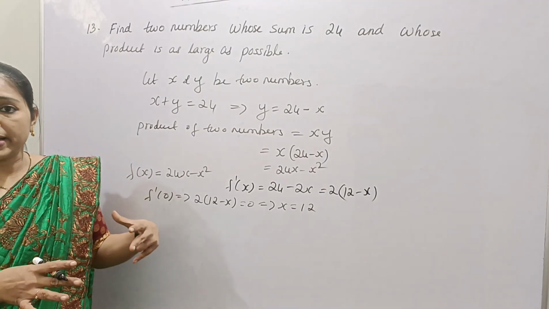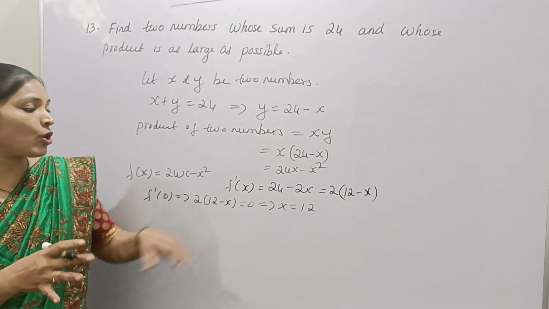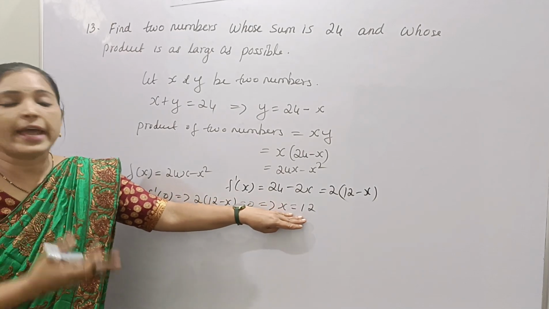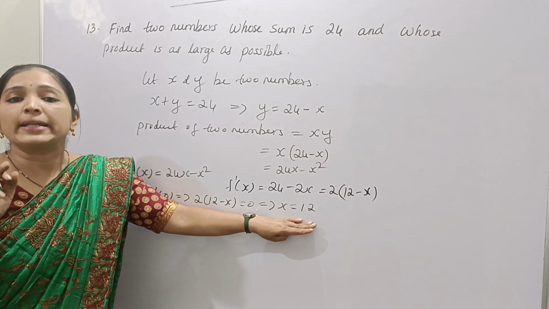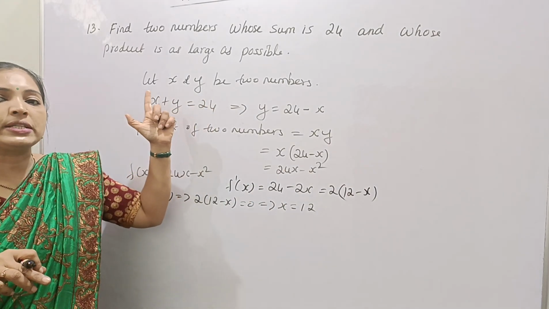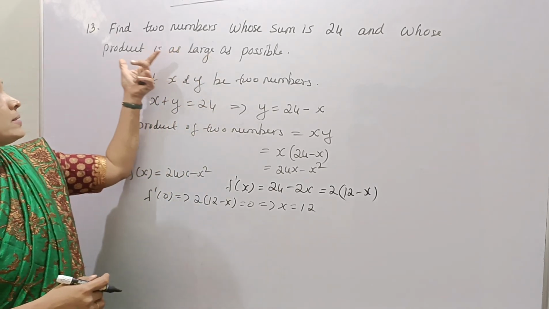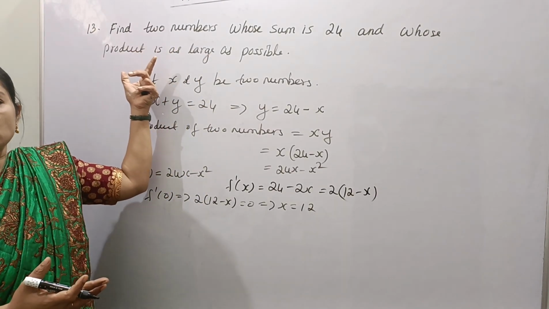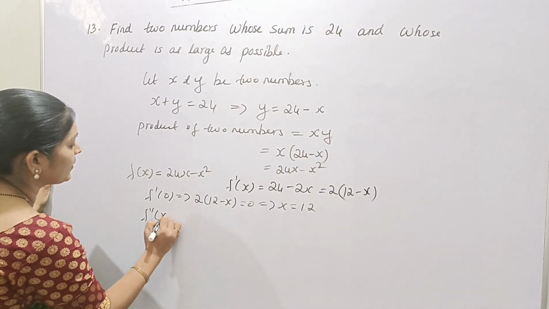Now let's take its second derivative, f double dash of 12, and check whether it is less than 0 or greater than 0. We should get less than 0 for a maximum, because here we have to find the maximum value, that means the product is as large as possible. So let's find f double dash of x.